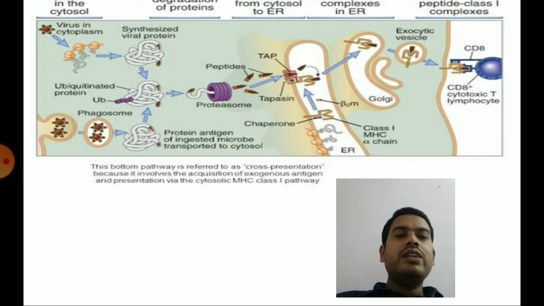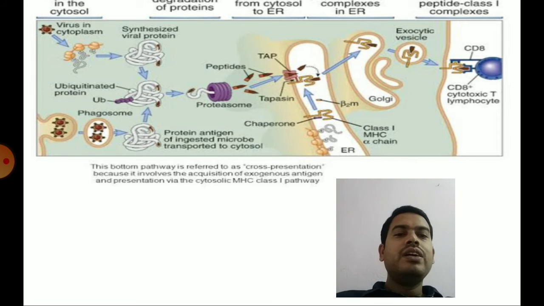then it is converted into peptides. On the endoplasmic reticulum, TAP proteins and tapasin are present; these are molecular chaperones and transporter associated proteins. With the help of tapasin and transporter associated protein, the peptides will enter into the endoplasmic reticulum. In the endoplasmic reticulum, tapasin will make the class 1 MHC molecule ready for binding with the antigenic peptide that entered.